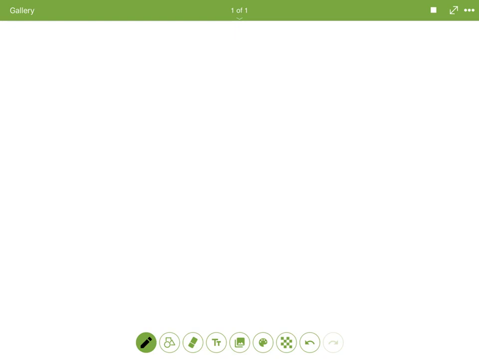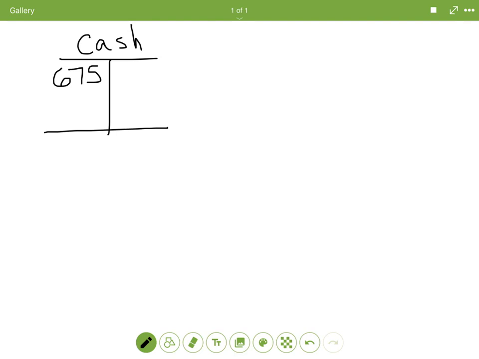Now the last thing we need to do is go back to our book account for cash and make sure that the $675 properly reflects the actual amount of cash, $537.